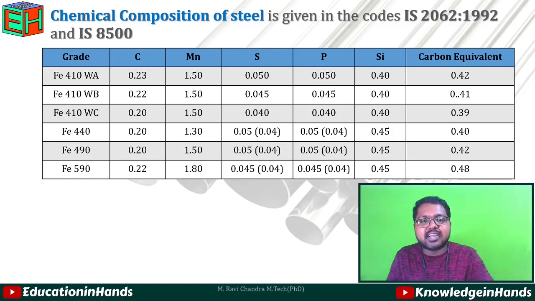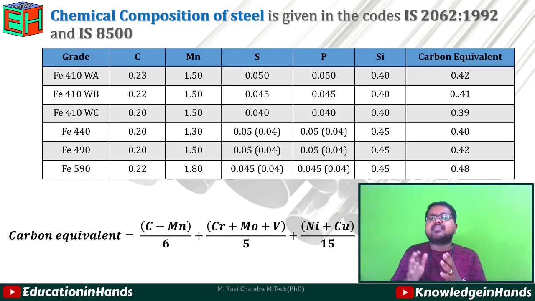What carbon equivalent means is derived from this formula: C plus Mn by 6, plus Cr plus Mo plus V by 5, plus Ni plus Cu by 15. Here carbon C, manganese Mn, chromium, molybdenum, vanadium, nickel, and cuprum or copper are all added in certain percentages, and we show it in the carbon equivalent to modify the specific properties of the steel. So this is steel.